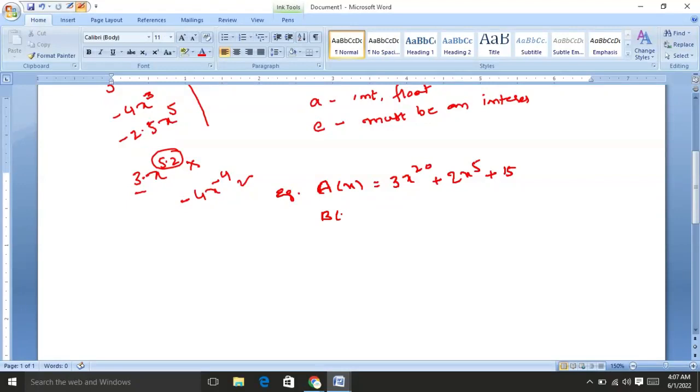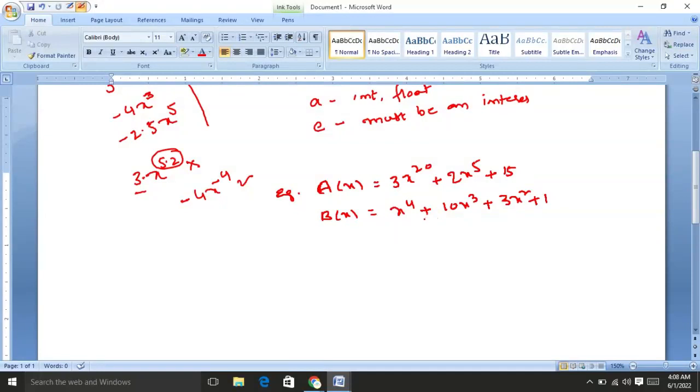I am going to consider another polynomial, Bx, equal to x to the power of 4 plus 10x cube plus 3x square plus 1. These are the examples of polynomials.